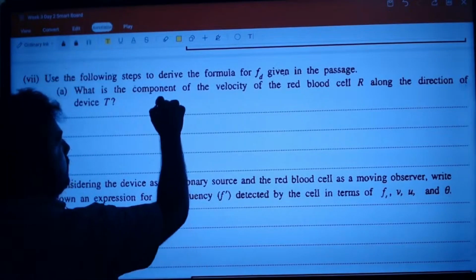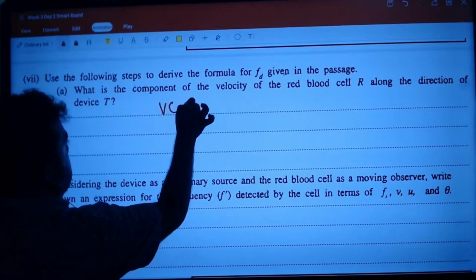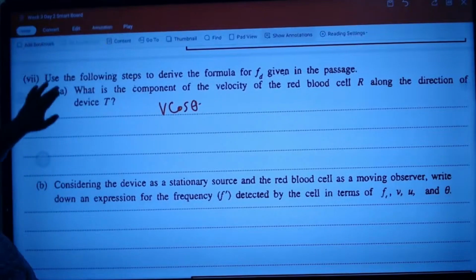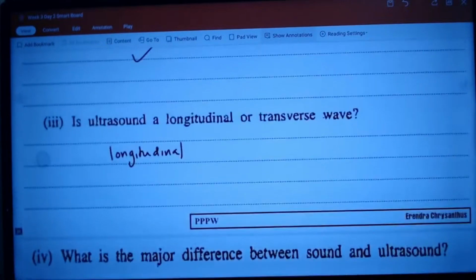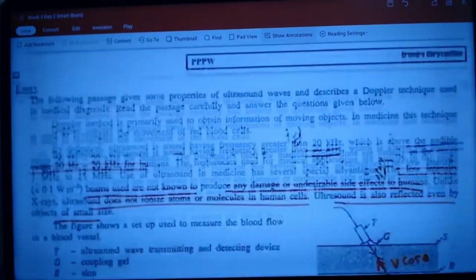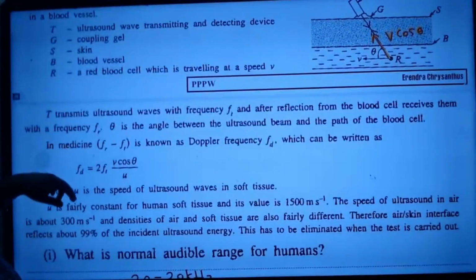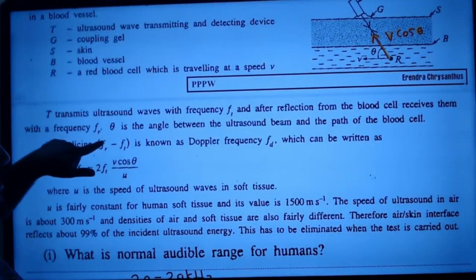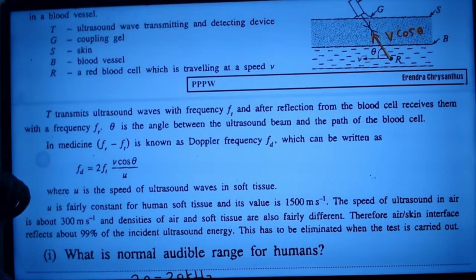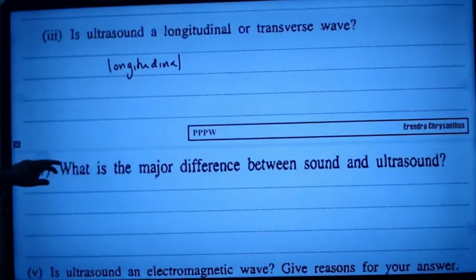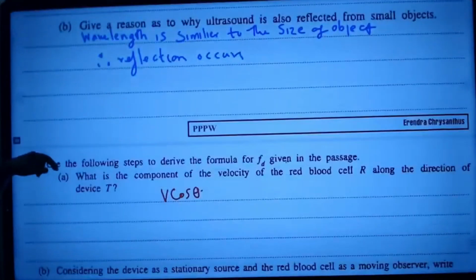Consider the device. So what is this FD? The device transmits, and receives FR. The difference between transmitted and received is called Doppler FD.